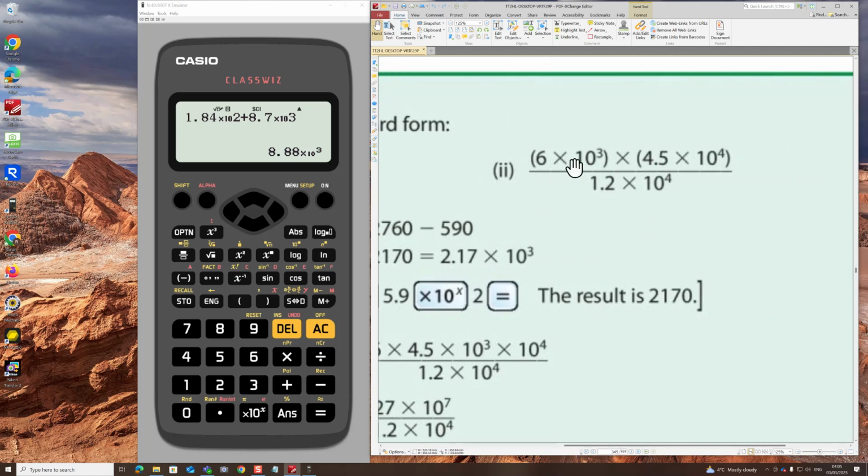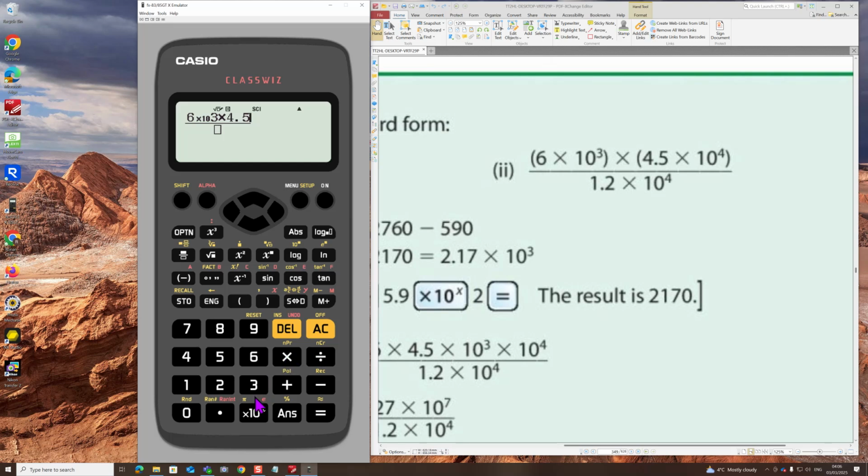Now first off, like I said, this is treated as one number, so it isn't really good practice to put the brackets on it. No, it's not good practice at all. So you'd go like this here, 6 power to the 3, 6 by 10 to the 3 times 4.5.